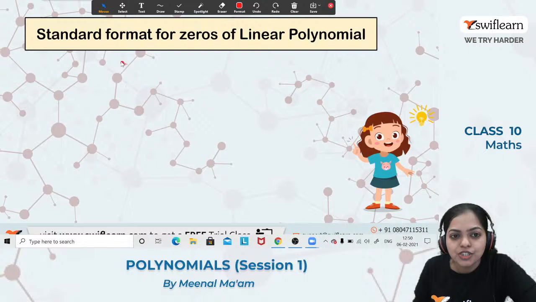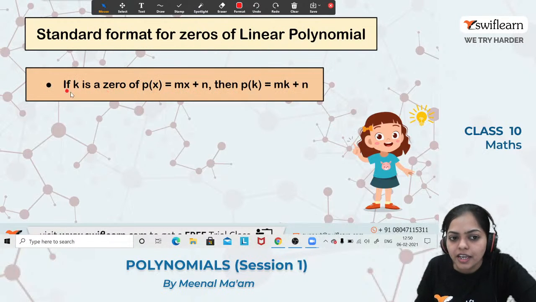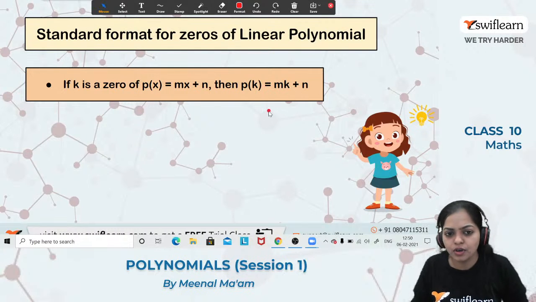So now the standard format of the 0 of a linear polynomial. Let's have a look. If k is a 0 of a polynomial p(x) = mx + n, then p(k) is what? mk + n. If k is a 0, we can put x = k, so p(k) = mk + n.